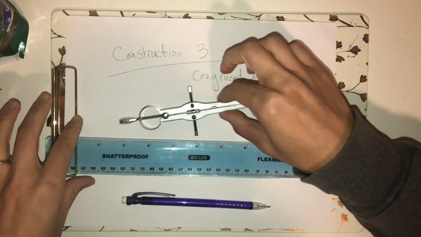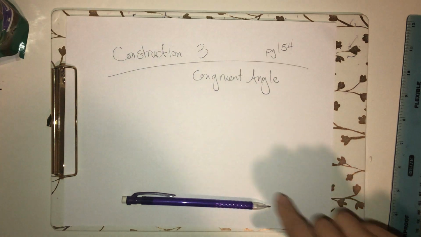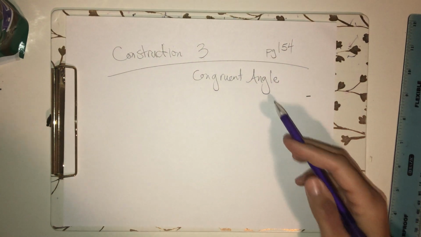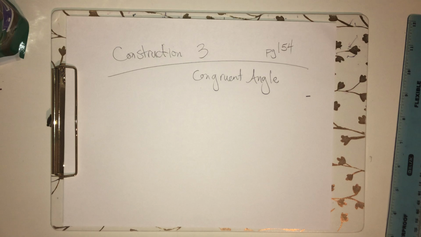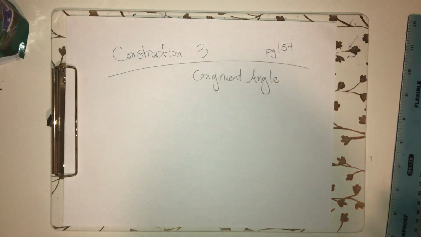So here is the procedure that you will want to implement if you need to construct a congruent angle. The first thing that you want to give yourself, of course, is the angle that you want to copy. This can be any old angle, it can be acute, it can be obtuse, it could be technically a reflex angle, although I think that might be a little bit more challenging.